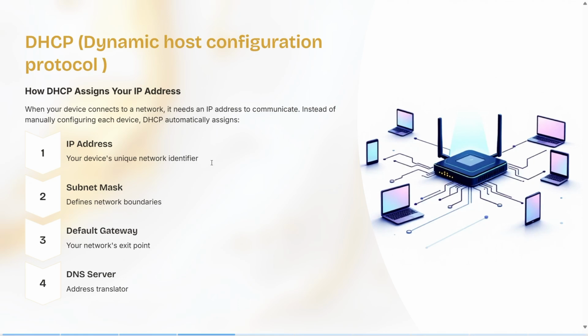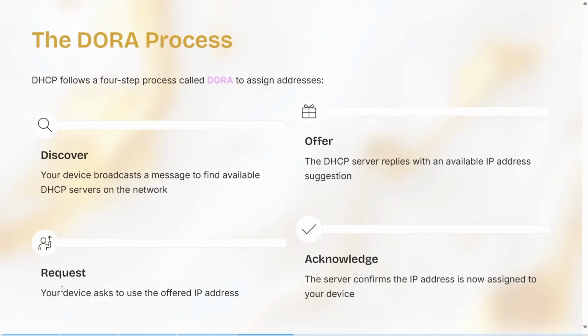DHCP automatically assigns important network information such as IP address, subnet mask, default gateway, DNS server. To assign this information, DHCP follows a process called DORA. Here, D stands for discover, O stands for offer, R stands for request, and A stands for acknowledge.